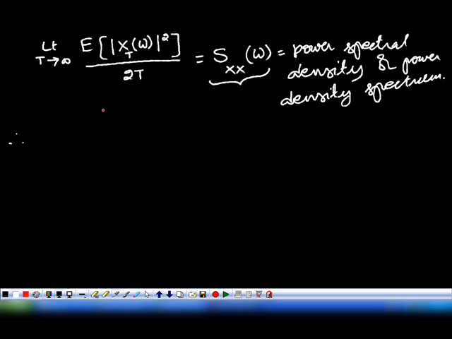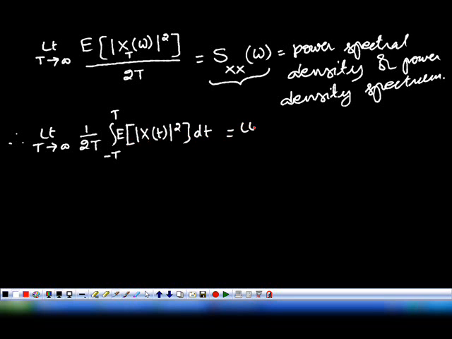Once you let this quantity be equivalent to this much, can I write this as limit t tends to infinity, 1 by 2t, integral minus t to plus t, expectation of mod x of t whole square dt, which is equivalent to limit t tends to infinity, otherwise 1 by 2 pi integral minus infinity to plus infinity.